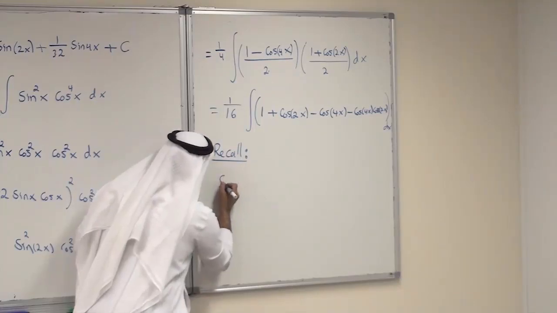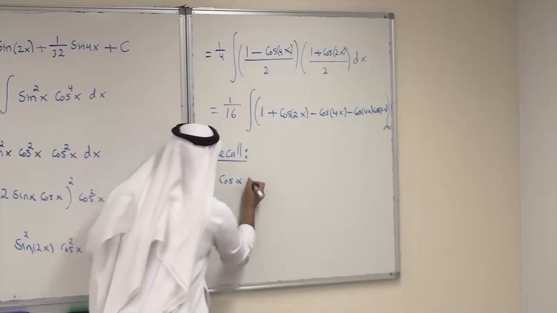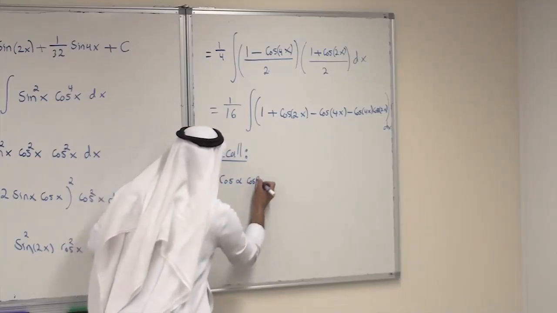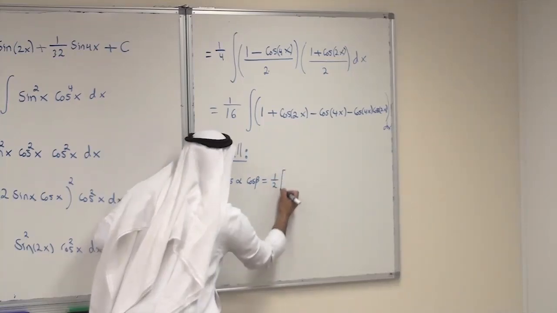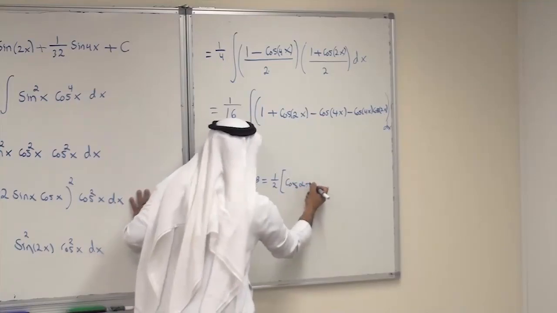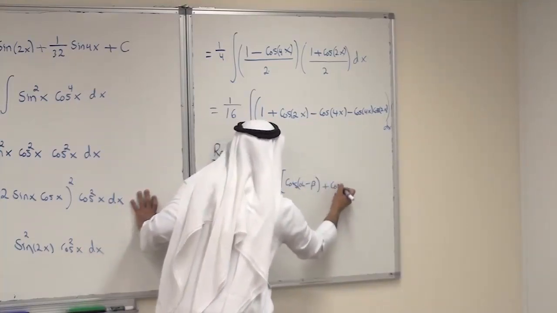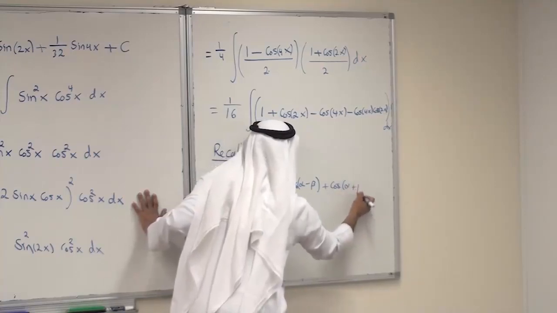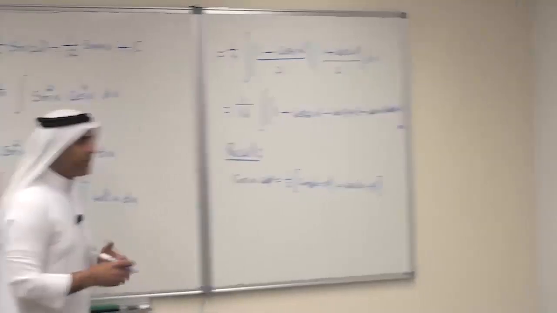If you have cosine of alpha, cosine of beta, always you can write this one as 1/2 times cosine of alpha minus beta, plus cosine of alpha plus beta. This is something we have done in previous courses, in the algebra course.